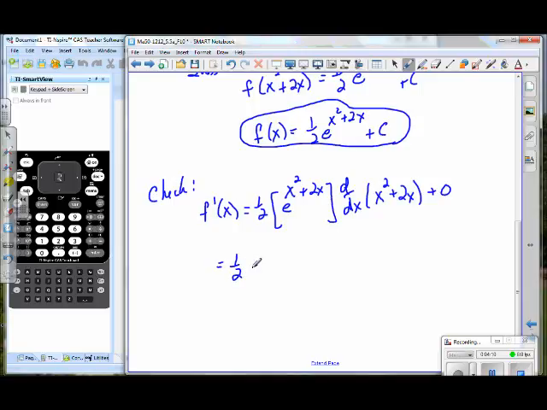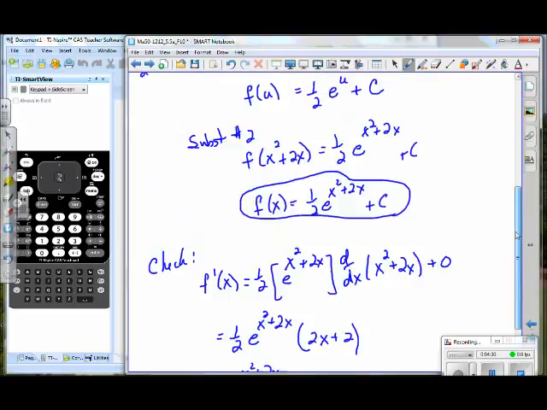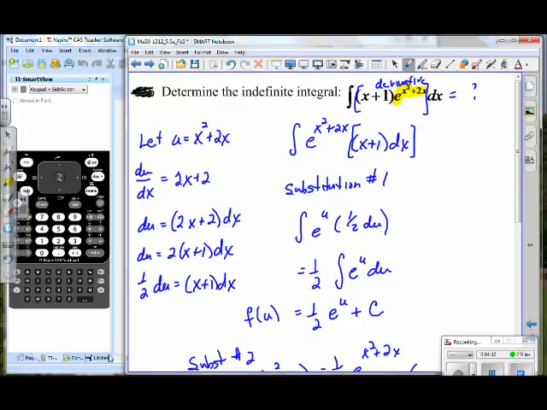So we have 1/2 e to the x squared plus 2x times 2x plus 2. I can again factor out a 2, and we would have e to the x squared plus 2x power times x plus 1. Is that the same derivative we started with? And the answer is yes.